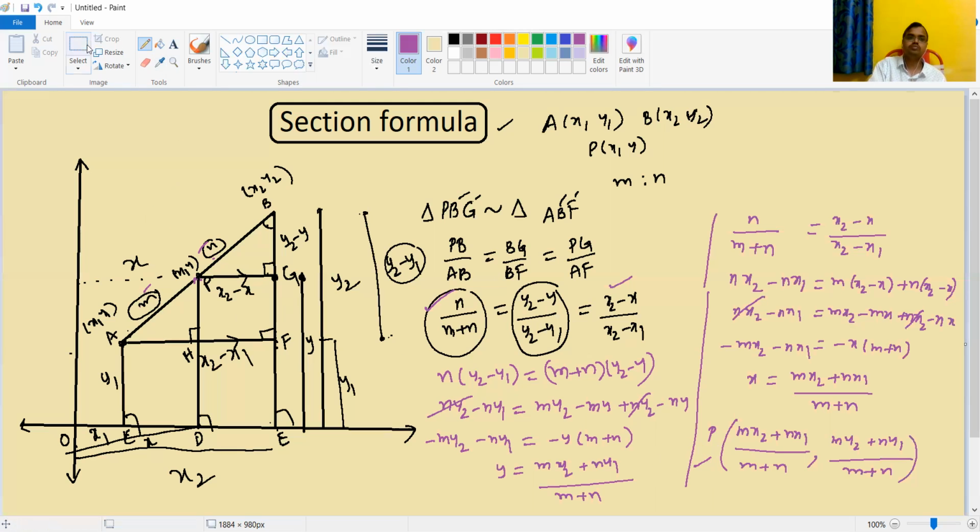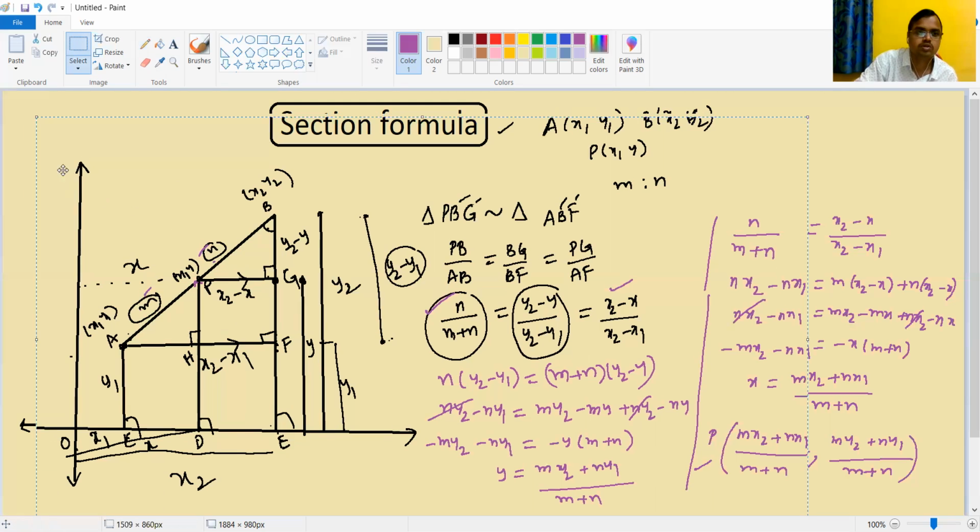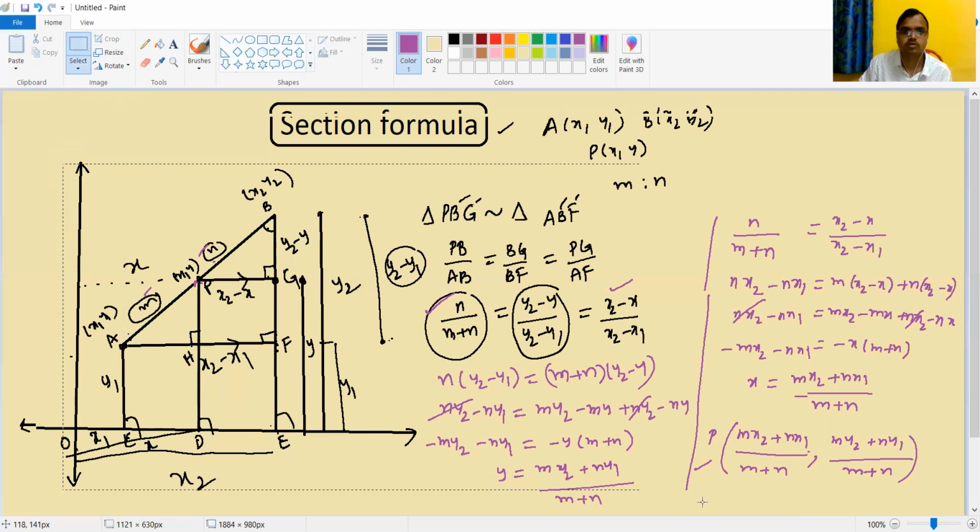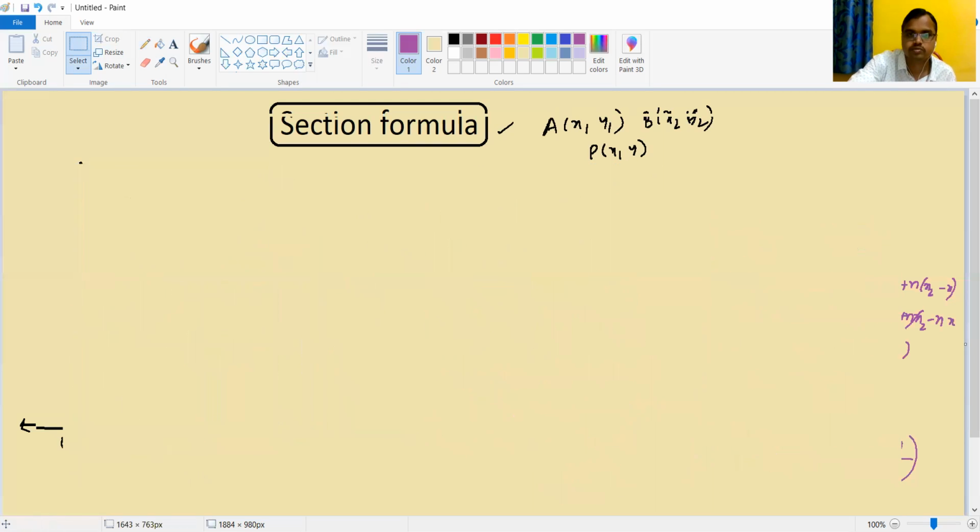Suppose somewhere it is useful. Suppose A is the point 3 comma 2, B is the point 1 comma 4. Find the point P which divides AB internally in the ratio 1:3.